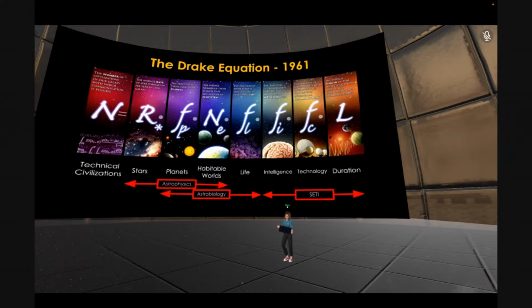And then if we look out to the end of the equation, the intelligence, technology, and duration, that's really the domain of an organization called SETI, which stands for the Search for Extraterrestrial Intelligence. And then what I'm mostly interested in is the middle parts of this equation, which is what percentage of these planets are habitable and have any of those developed life. That is where astrobiologists come in.